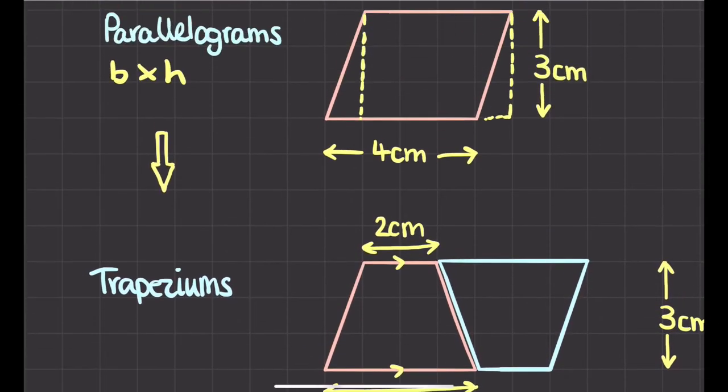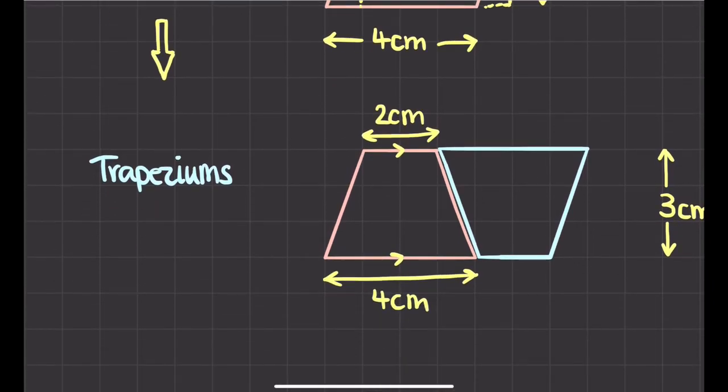So just like a parallelogram, my base is going to be, we'll call it A plus B. A for that one, B for that one. That's going to give me the total base, and I want to do the total base multiplied by the perpendicular height. So I'll do all of that multiplied by the height, but I don't want the whole thing, do I? I only want half of it, so I'm going to have half of this.